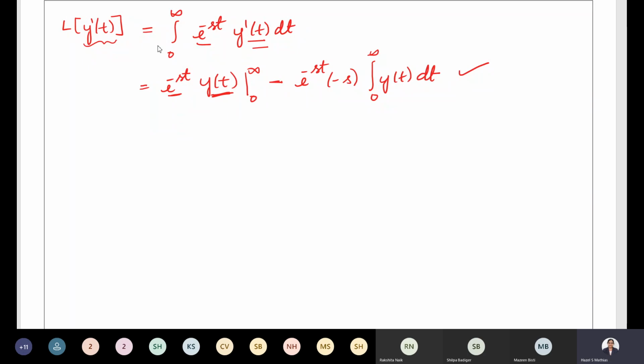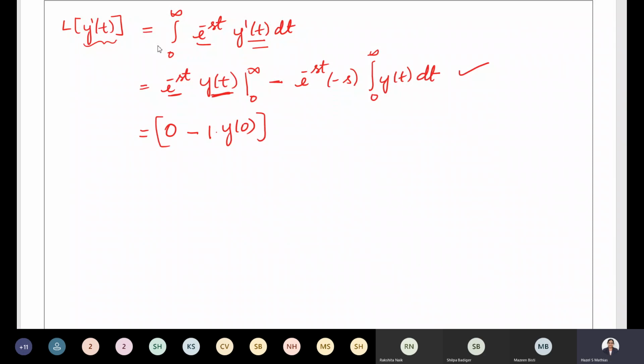Now simplify. On simplification, you put the limits. When you put the upper limit, infinity, the term will be 0. Minus, put the lower limit: e power 0 will be 1 into y of 0. So this is the first term after putting the limits.